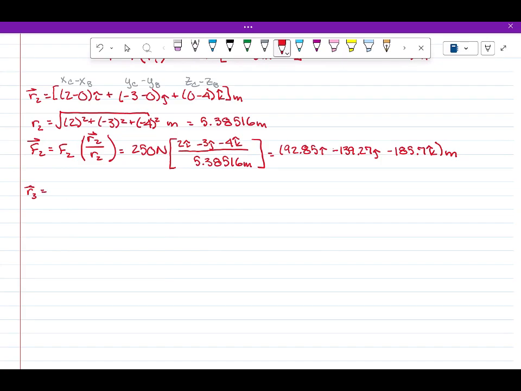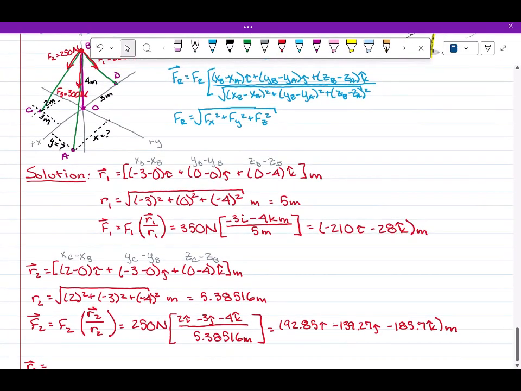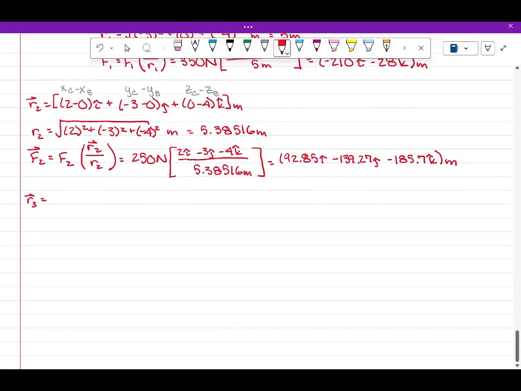Once again, we'll do this for the third force. However, for the third force, we don't know what XA and YA are. We do know ZA is 0. So the position vector R3 is equal to XA minus XB i, plus YA minus YB j, plus ZA minus ZB k.